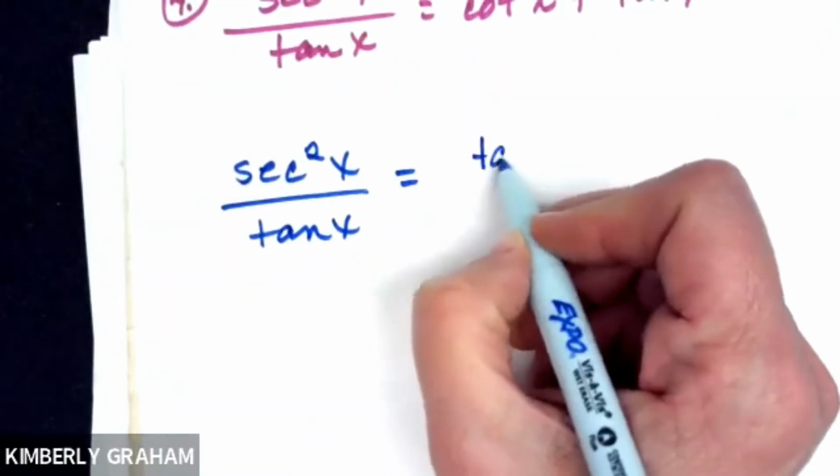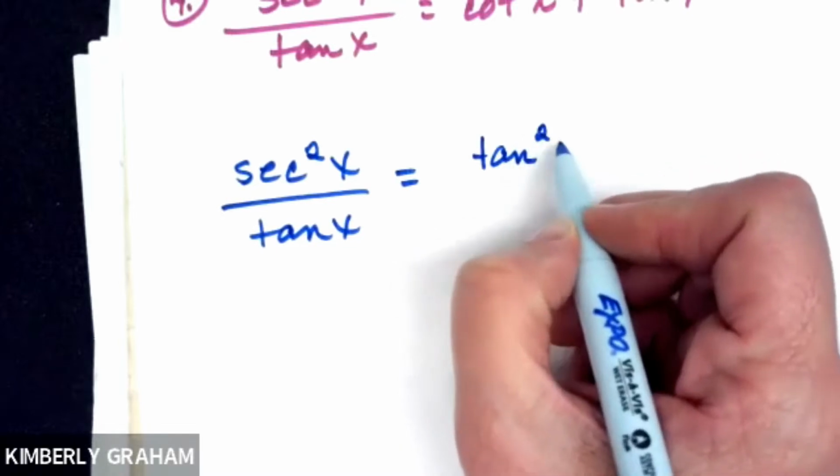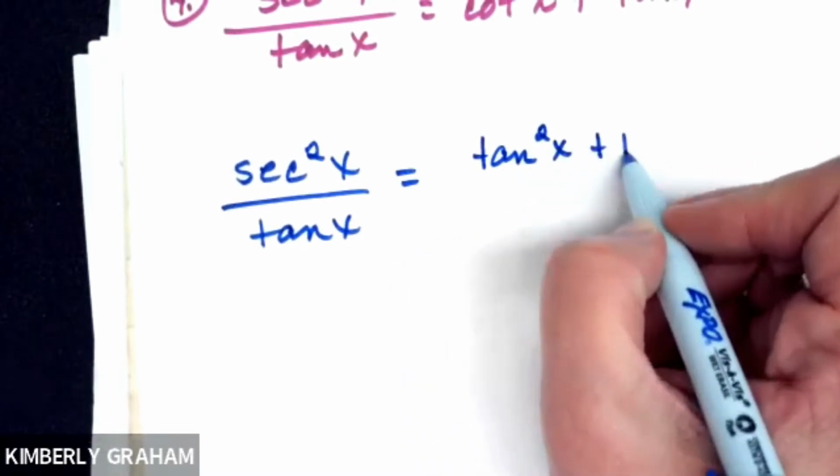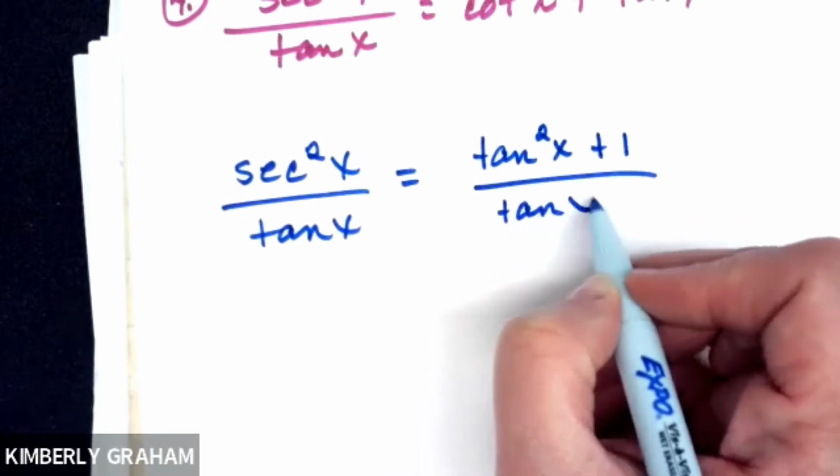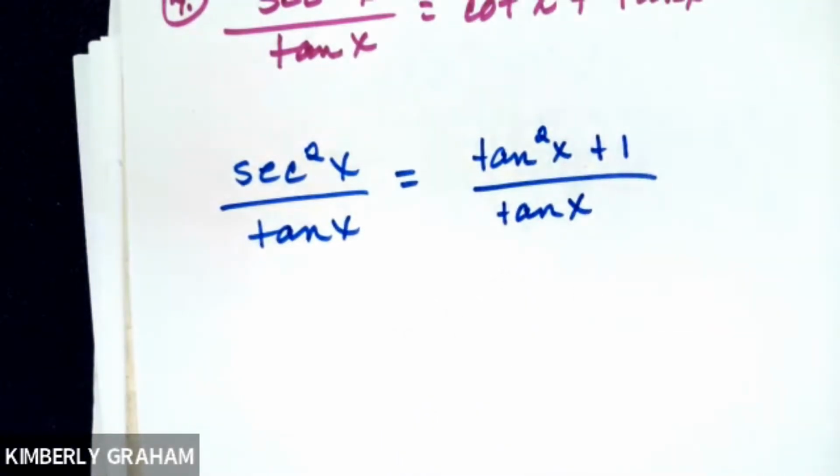So I'm going to write my numerator as tan squared x plus 1, and my denominator is tangent of x. Well, this is sort of on the right track. I've got an addition sign in there. What I can do next is to split that fraction up.